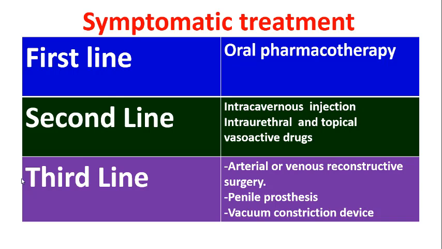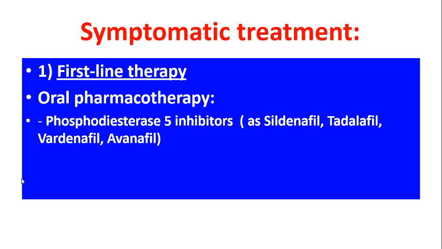Third-line therapy includes the arterial or venous reconstructive surgery when there is venous leakage, for example, insertion of the penile prosthesis, or using a vacuum constriction device. In some details, oral pharmacotherapy includes phosphodiesterase type 5 inhibitors such as sildenafil, tadalafil, vardenafil, and avanafil.